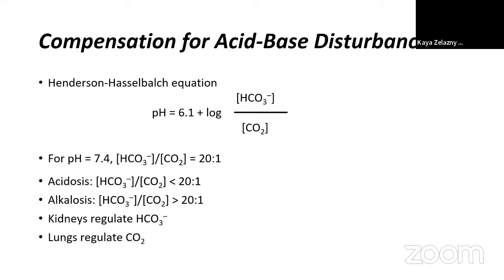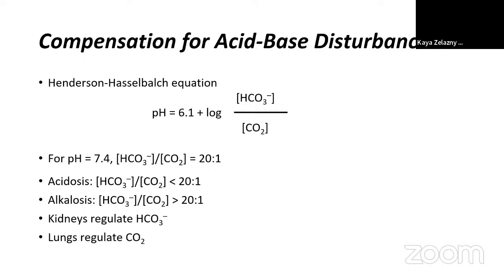So our disturbances, we can either classify as respiratory or metabolic, in which case we can mean kidneys, but we're being a little vague, so we can include things like hemorrhage, any other non-respiratory things. And then when we compensate, we're going to compensate either by changing our respiration rate, by changing our breathing, and therefore regulating how much CO2 is in our blood, or we're using our kidneys to regulate how much of our bicarbonate we're reabsorbing, therefore putting more buffer into the bloodstream, or synthesizing.